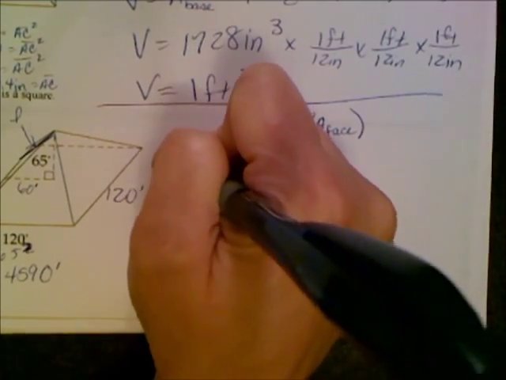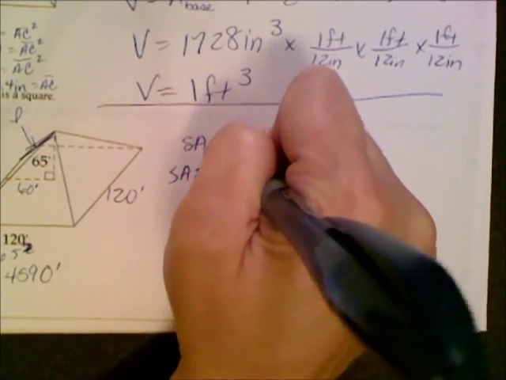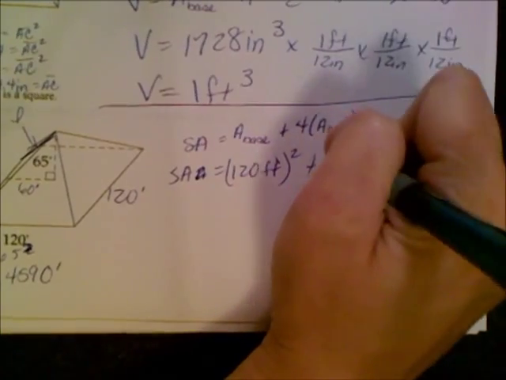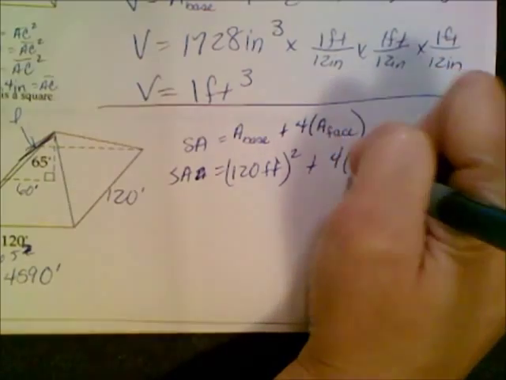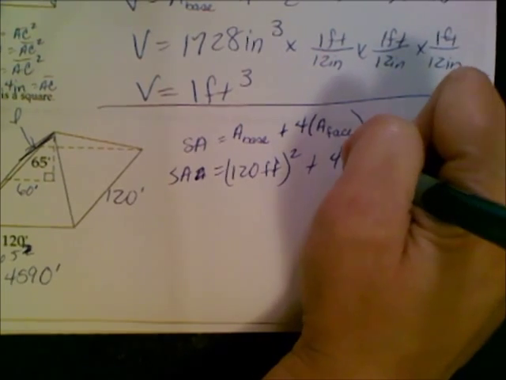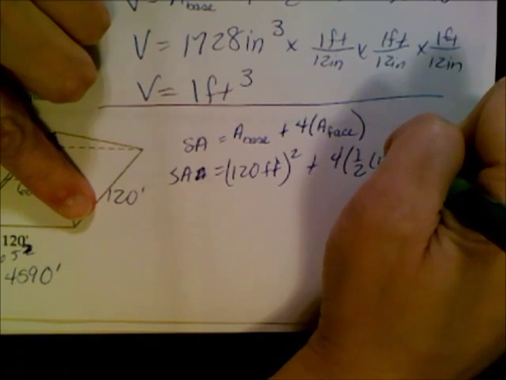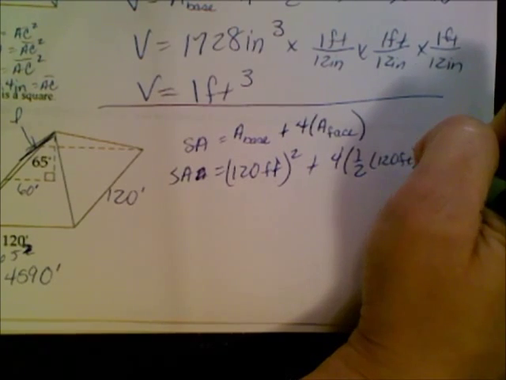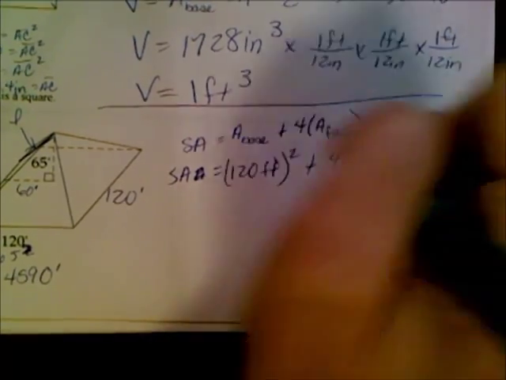So the surface area is going to be, the area of the base is 120 feet squared plus 4 times the area of that triangle part, which is going to be 1/2 the base, 120 feet, times the slant height, which is 88.4590 feet. All right, and I'm multiplying that by 4.